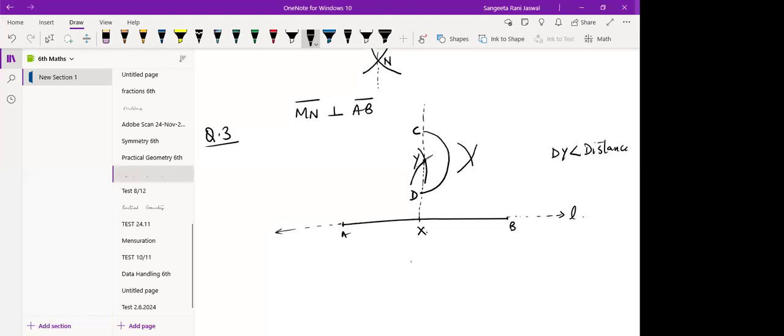Now, what should we mark the point as? Yes, Neha, done.